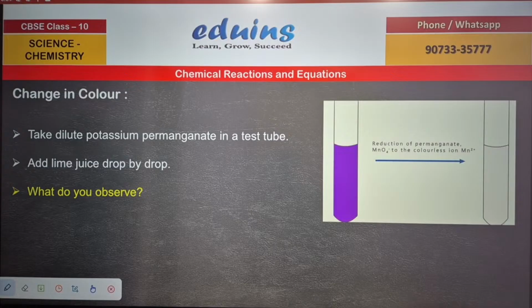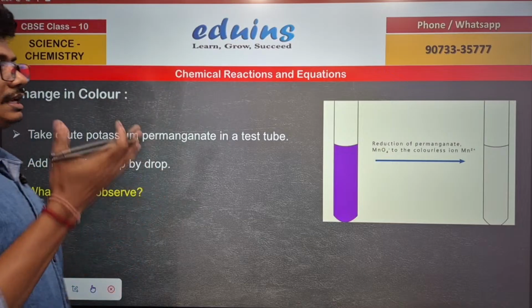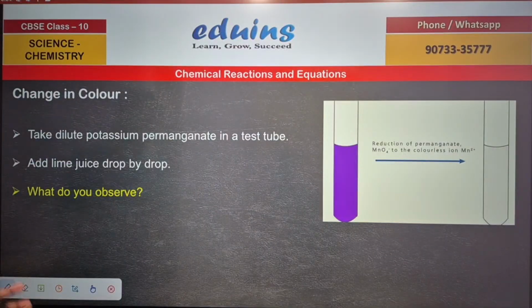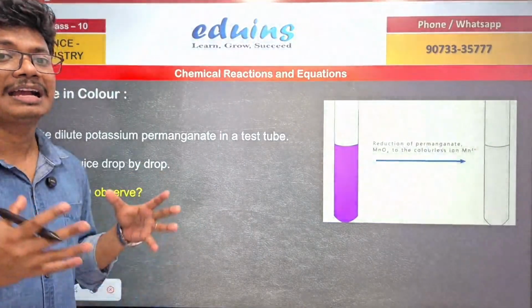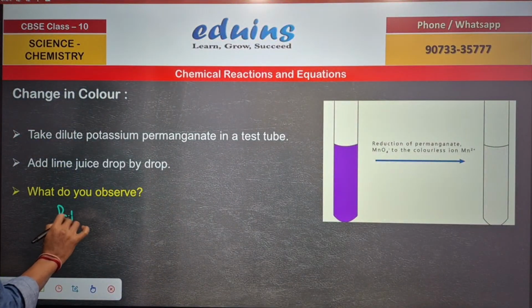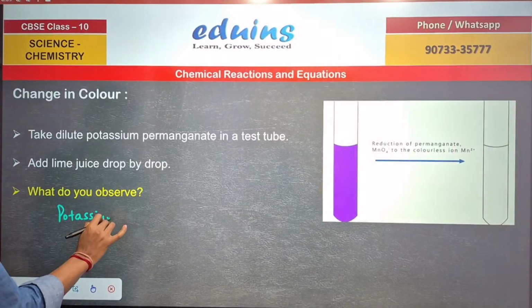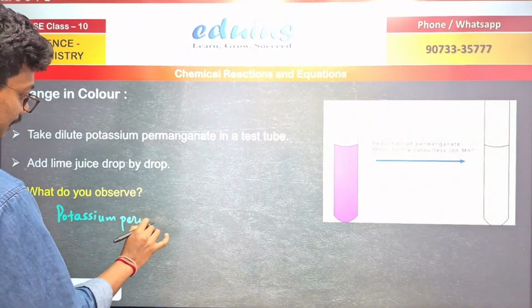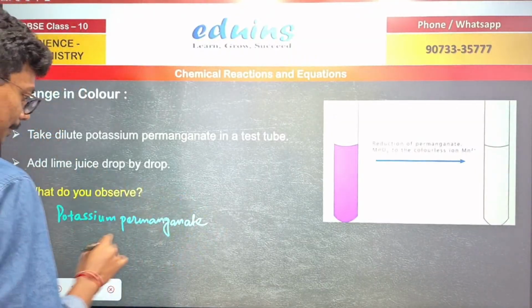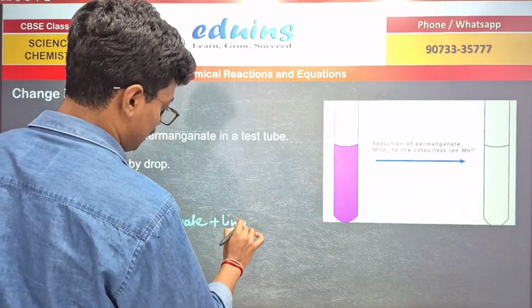So what we will observe? The observation in our front: the purple color disappears and it will form a colorless solution. So potassium permanganate plus lime juice.